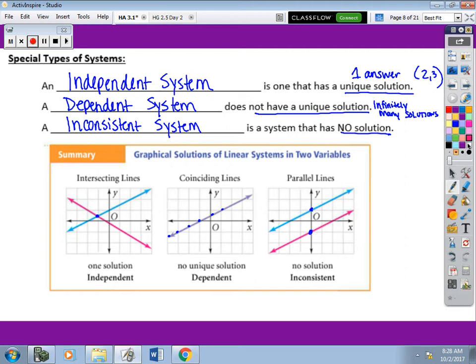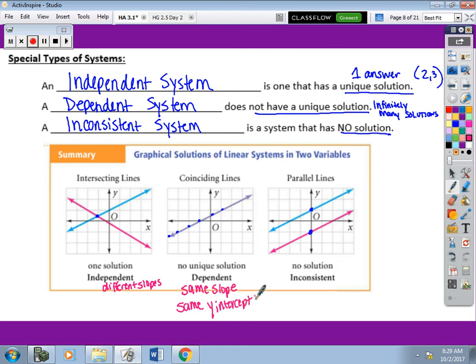So you can notice if they're going to be an independent system, they're going to have different slopes. They're not necessarily opposite reciprocals because they don't have to be perpendicular. They just have to be different slopes. The coinciding lines, it's a line on top of a line. So these are going to have the same exact slope and the same y-intercept because they are the same exact line.